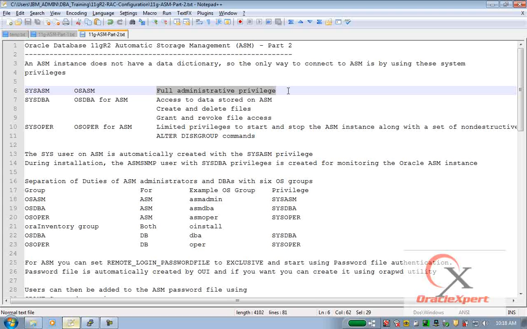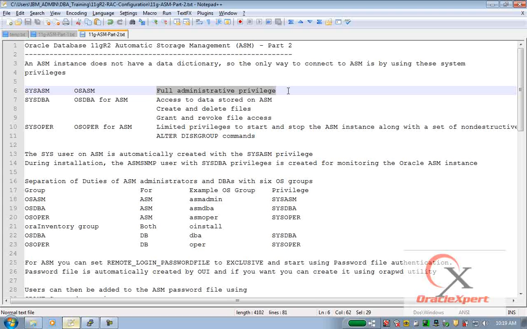In environments where there is a strict separation of duties, where an ASM administrator has to be a different person than a database administrator, you might create these six sample operating system groups and then create two user accounts, let's say oragrid and oracle. Using oragrid, install the grid infrastructure software.